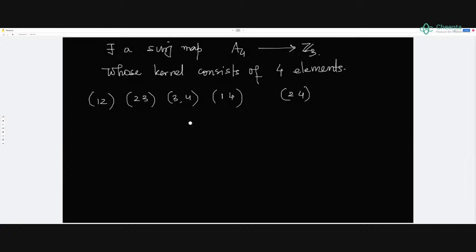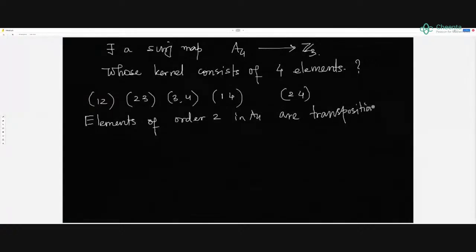The answer is no, because elements of order 2 in A4 are transpositions, thus not in A4.